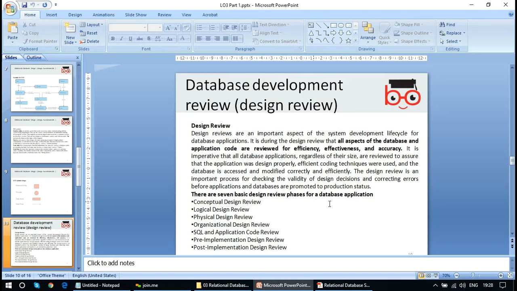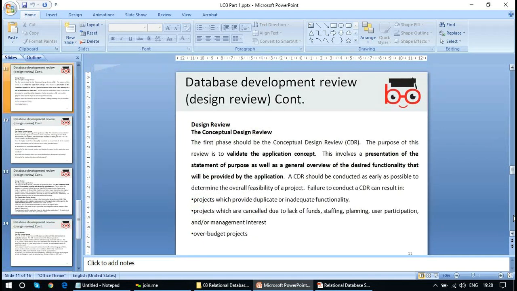There are 7 basic design reviews for the database application. Those are conceptual design review, logical design review, physical design review, organizational design review, SQL and application code review, pre-implementation and post-implementation review. So let us see how those are reviewed. The conceptual design review is the first phase. The purpose of this review is to validate the application concept.